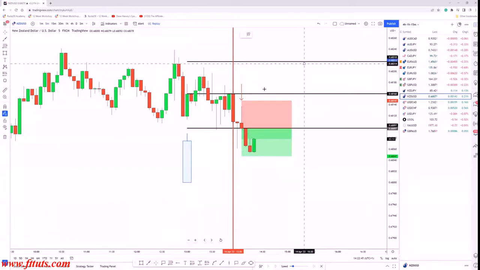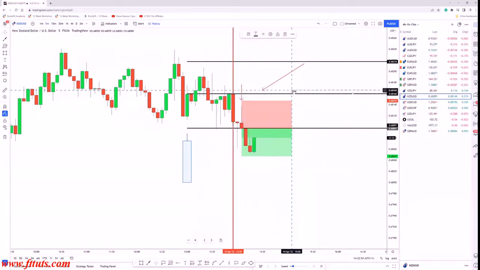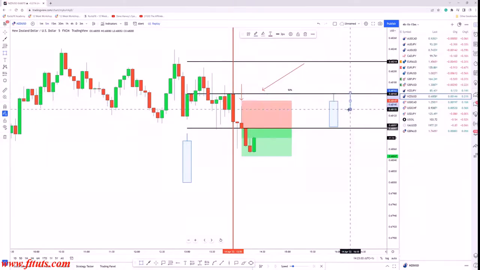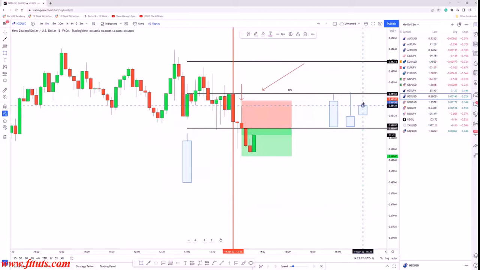When we start looking at the right, what are we looking for? We're looking for price to trade below the 50% level. We're looking for bearish engulfing candles, wick rejections, or indecision candles.